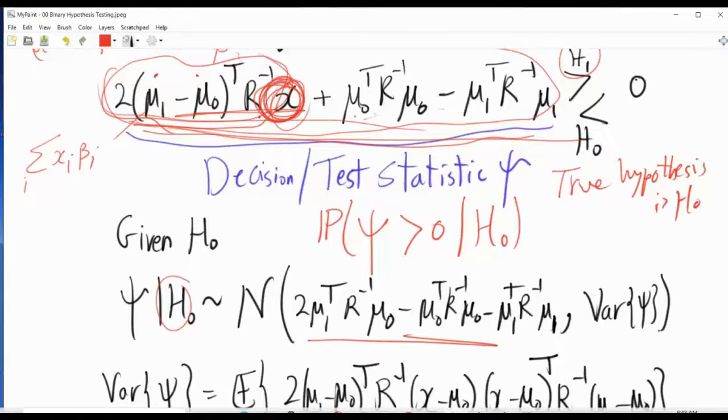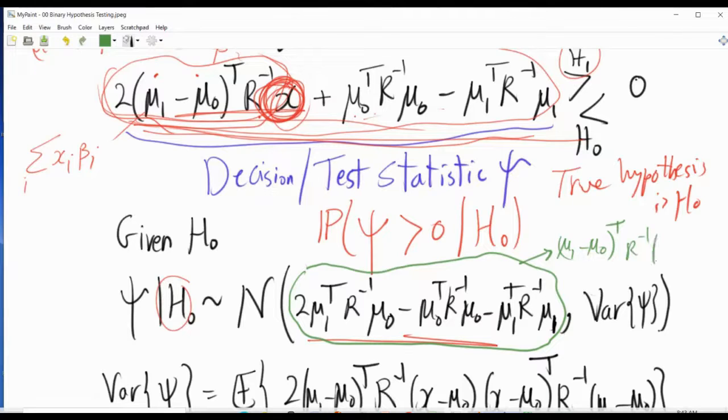You just put x equal to mu0, and actually this can be written in a nice form. Again, you plug in mu0, and this thing is the negative of the expansion of a square. So it's basically minus (mu1 minus mu0) transpose R inverse (mu1 minus mu0).